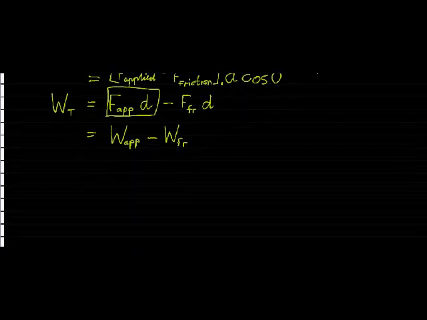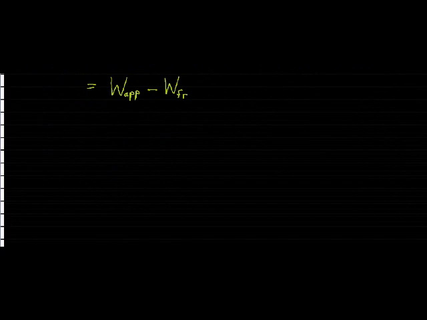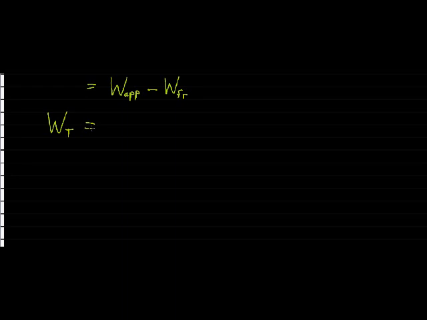But another thing that I know about the total work is that it is equal to the change in kinetic energy. So far I've got the formula that the total work done can be replaced by the work of the applied force minus the work of friction, which is equal to the change in kinetic energy.